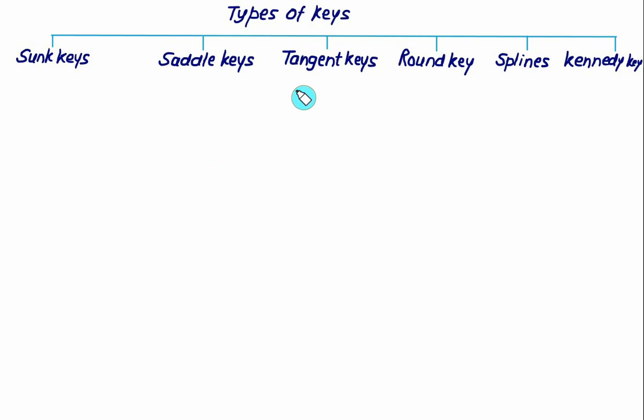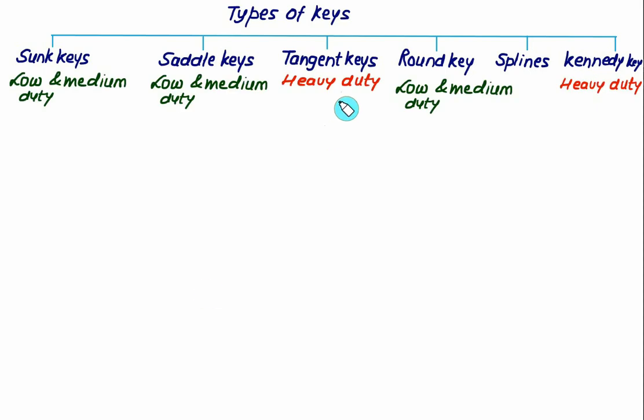The tangent key and the Kennedy key as well as the Barth key are the heavy duty keys, whereas the sunk key, saddle key, round key and the feather key are normally the low and medium duty keys.